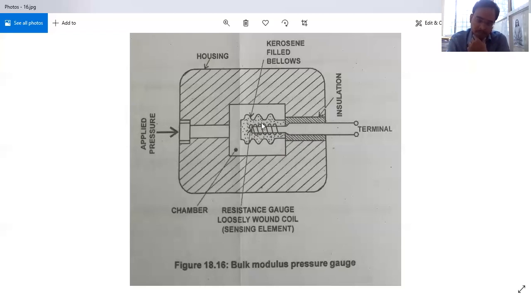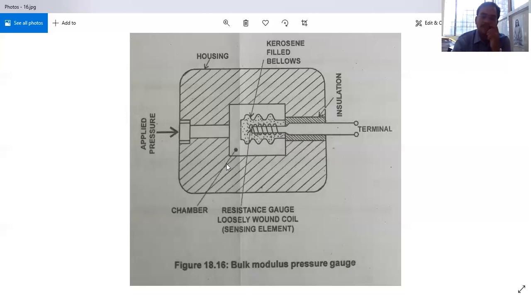They will get compressed, and because of this compression, you will get a change in the resistance of the material. Finally, the only application here is that it is used to measure very high pressures. So this bulk modulus type pressure gauge is used to determine very high pressure.